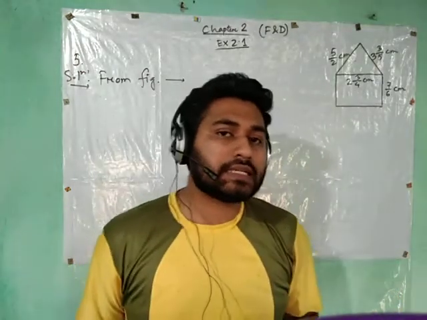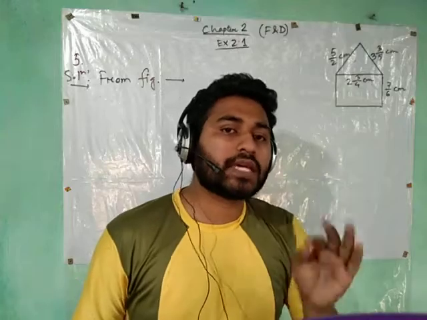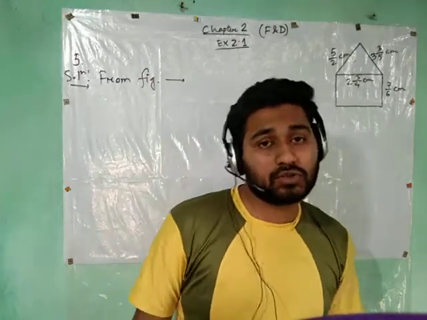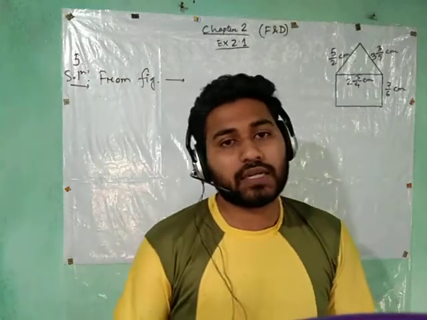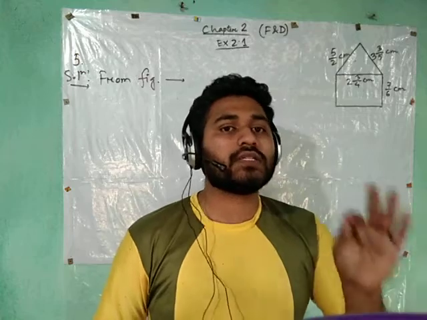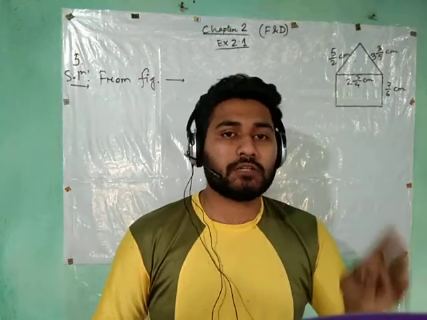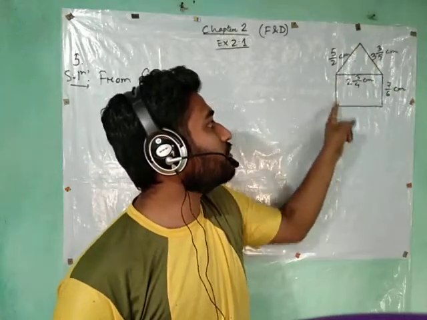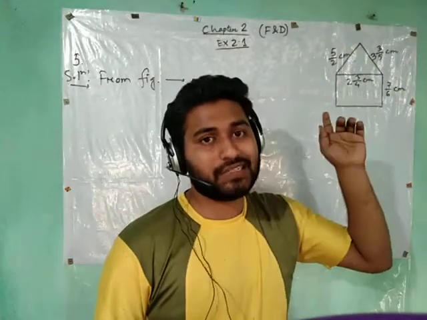That means you have to simply compare first, then only you can say which one is greater. Before comparing, you have to find out the perimeters of individual figures. That means one triangle is there, and one rectangle is also there.